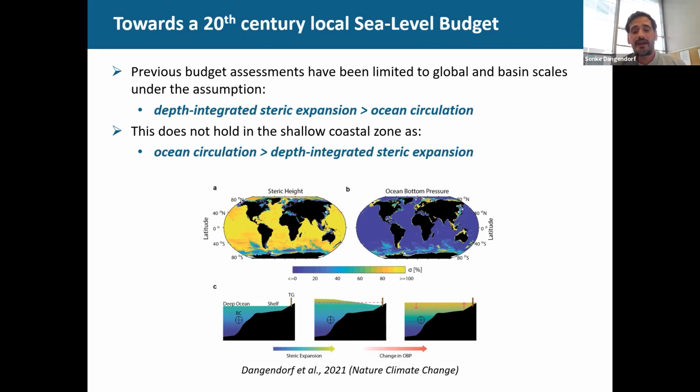What that means is that if the deep ocean expands with the same warming as the shallow continental shelf ocean, this leads to a gradient in sea level, meaning that the sea level increase we observe in the deep ocean needs to be transported to the coast.